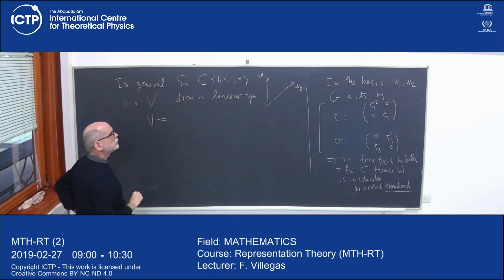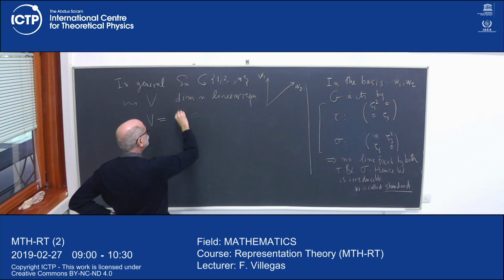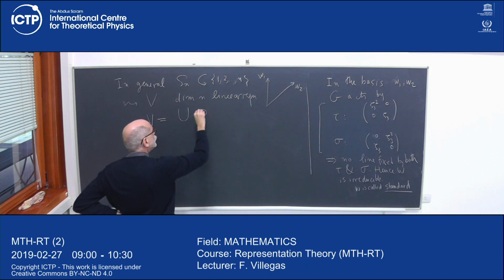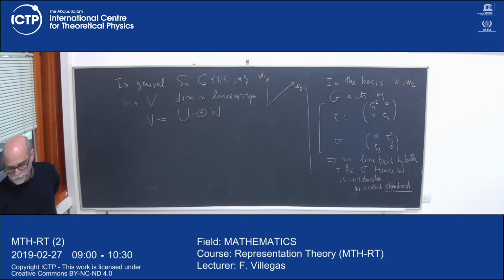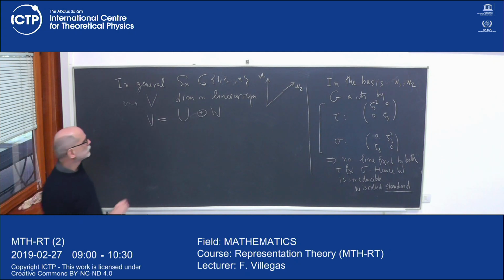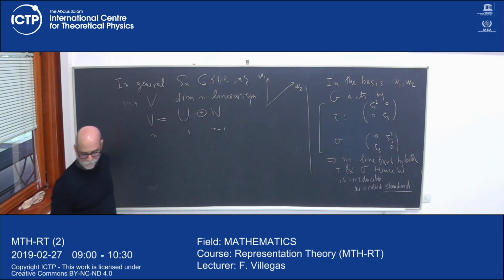Because it comes from a permutation representation, again the vector of all entries equal to 1 is fixed. The subspace where the sum of the coordinates equals 0 is also fixed. So this is dimension n, this is dimension 1, and this is dimension n minus 1.